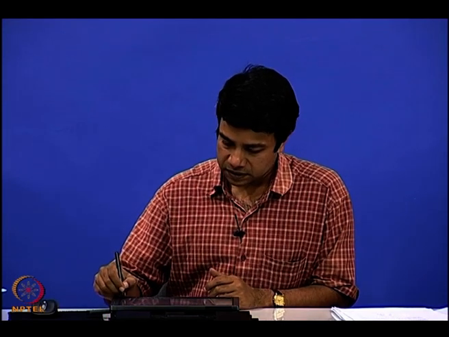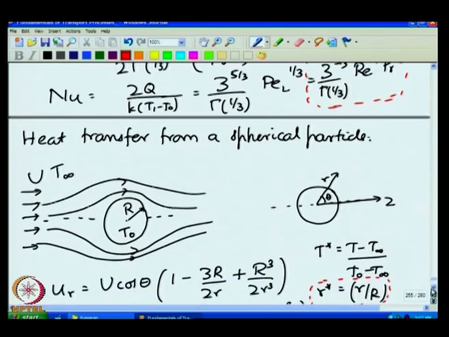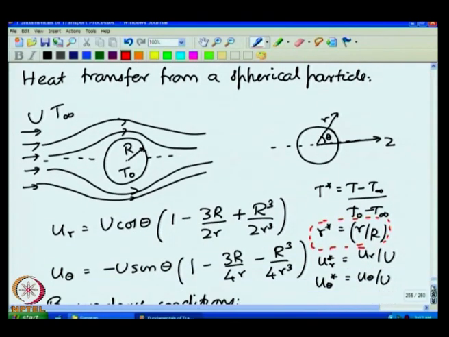And then we looked at the heat transfer from a spherical surface. This was for a laminar flow. Okay. The convection diffusion equation for the laminar flow in the heat transfer past a spherical particle, the velocity components are prescribed for us in this case.